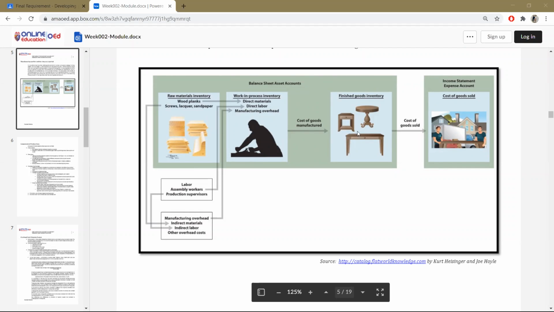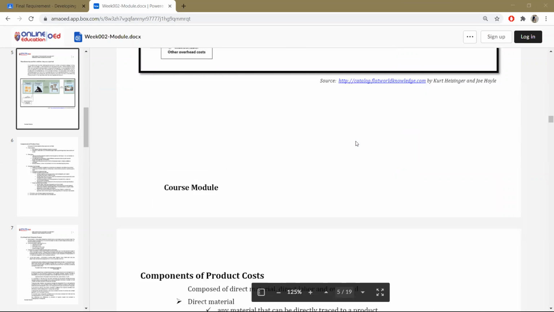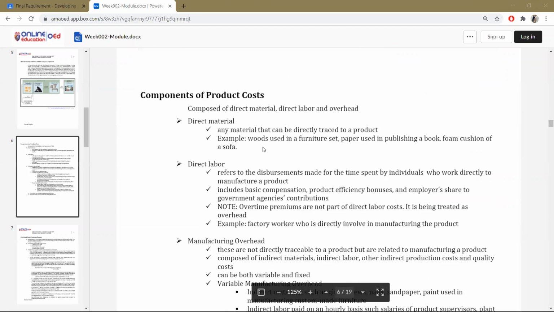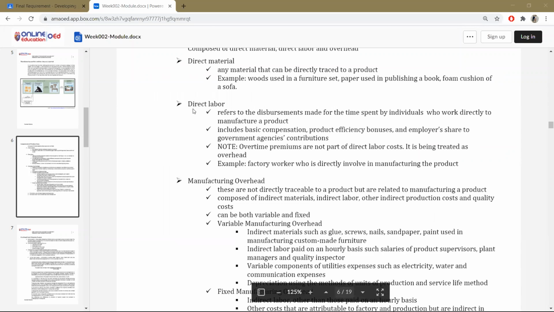Of course. The sandpaper, of course we can still see that it was smoothed. We used sandpaper. Lacquer, of course. Okay. Paper used in publishing a book, foam cushion in a sofa. Okay.